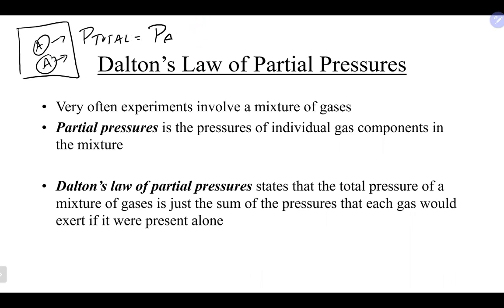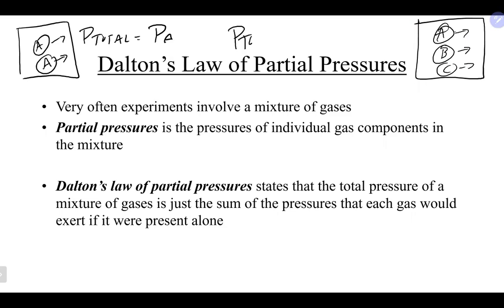When we have a container that has different gas molecules, maybe gas molecule A, gas molecule B, or C flying around, the total pressure is actually a result of the pressure of gas A plus the pressure of gas B plus the pressure of gas C. They're all contributing to the overall pressure of that mixture of gas.